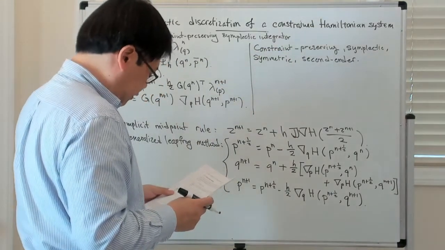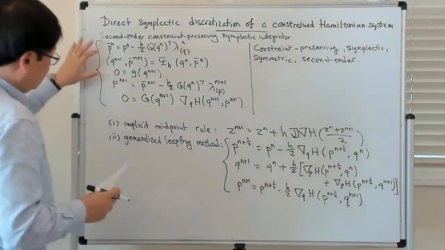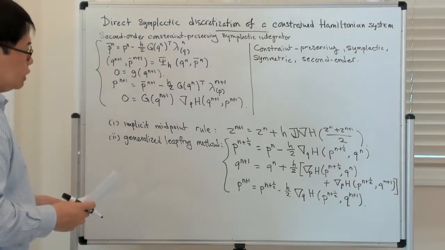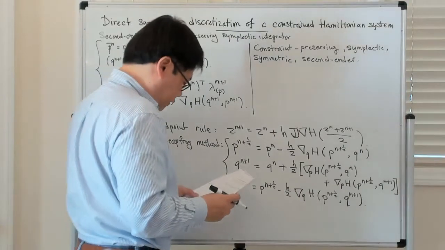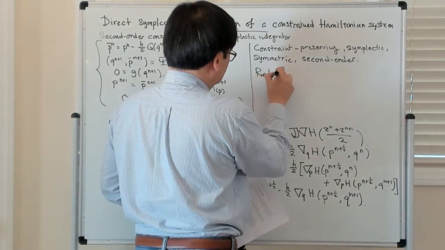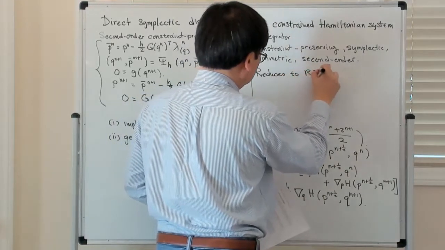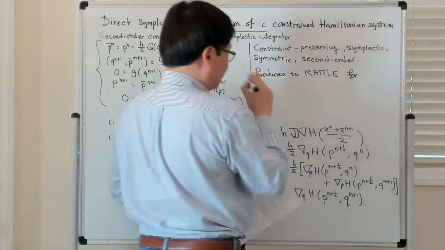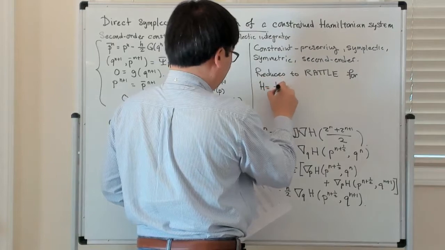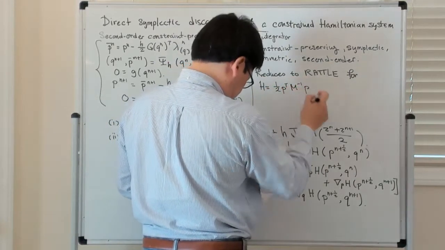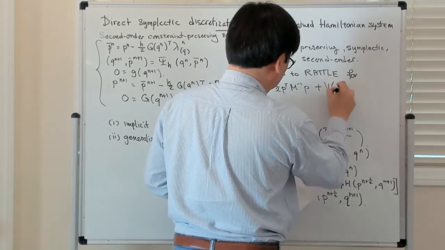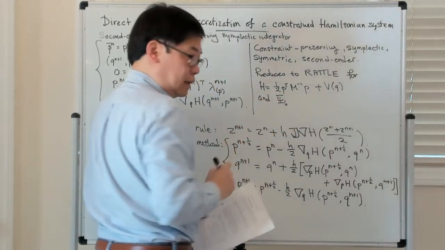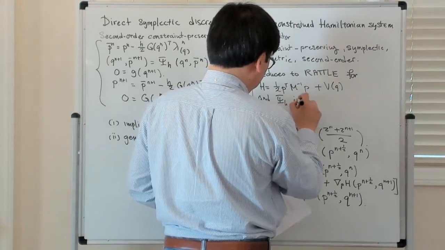Okay, so as you might expect, this is motivated by the Rattle algorithm, and you can show that it reduces to Rattle for your usual Hamiltonian, which is 1/2 P transpose M inverse P plus V of Q, where the underlying one-step method is the Störmer-Verlet method.